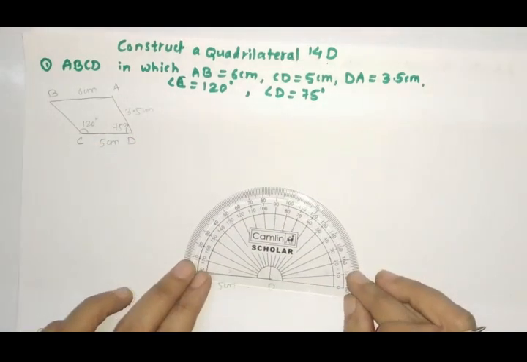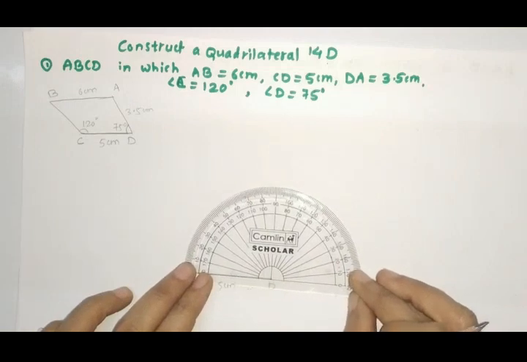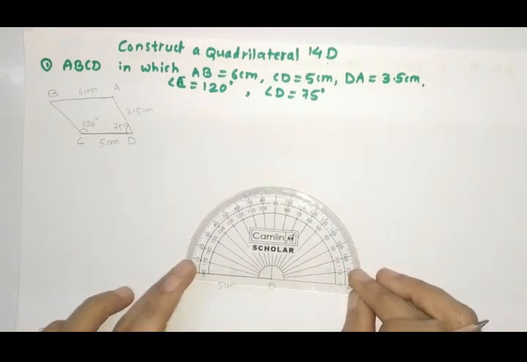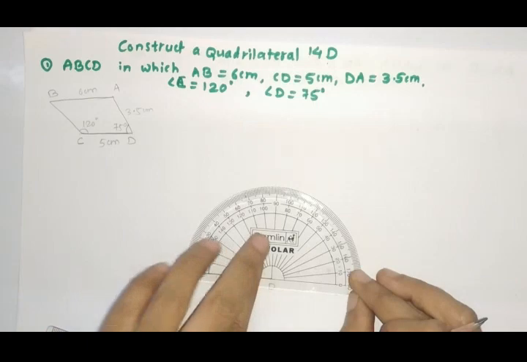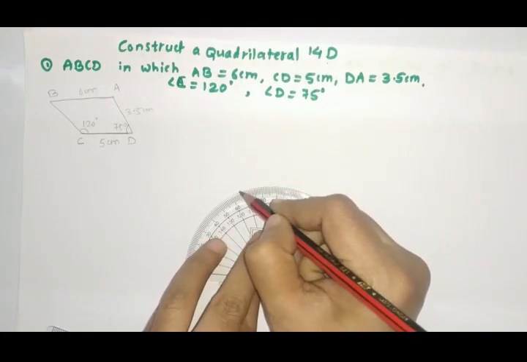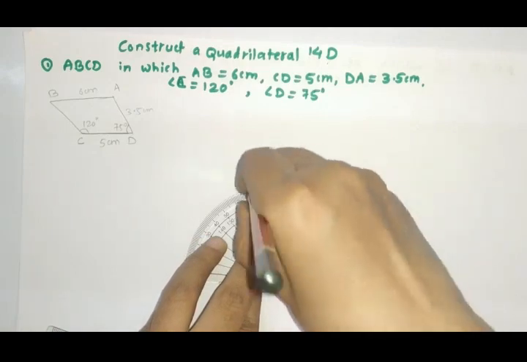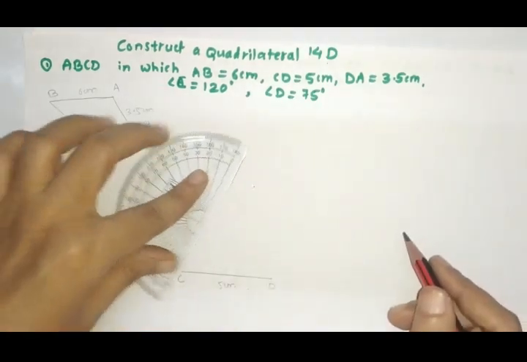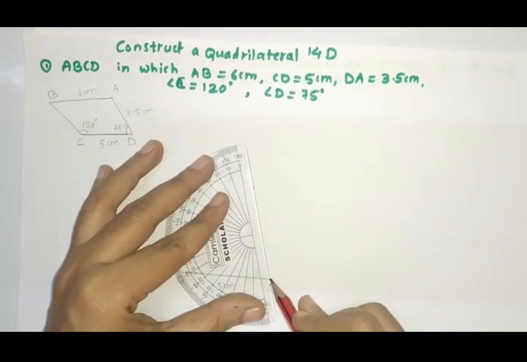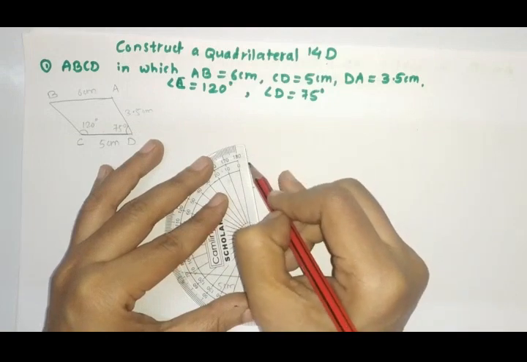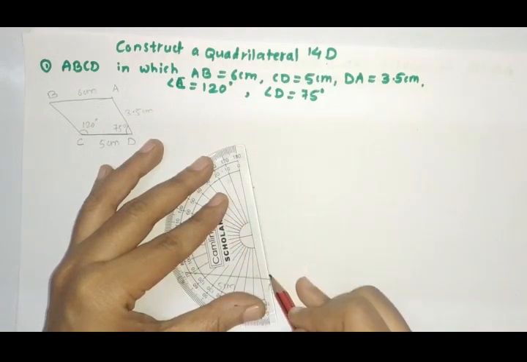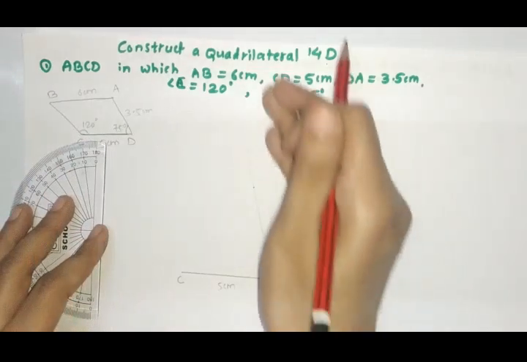First of all, the 75 degree we will measure here. So just take a point at D, 90, then 70, and here is 75 you can take. So whatever point you get, you can construct one line.